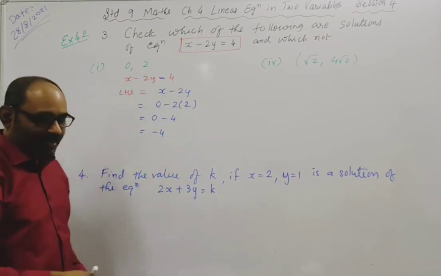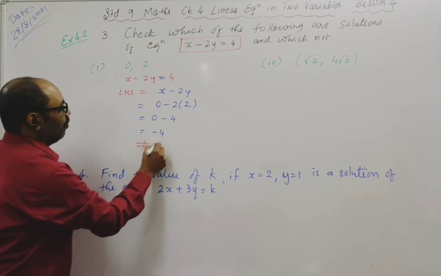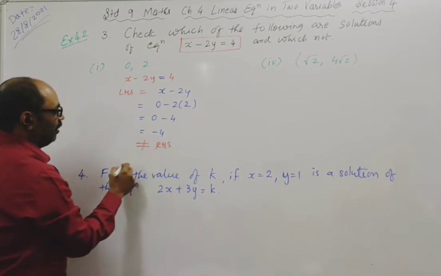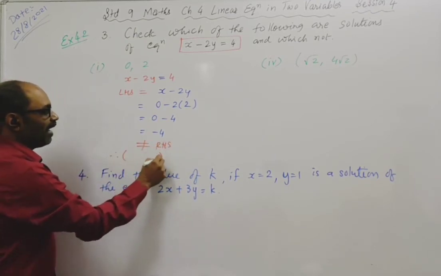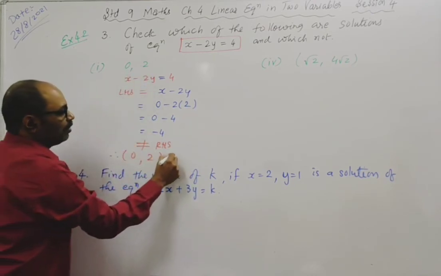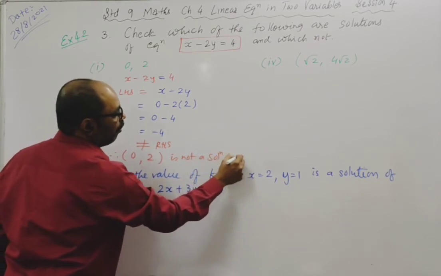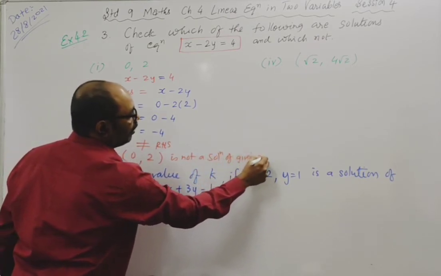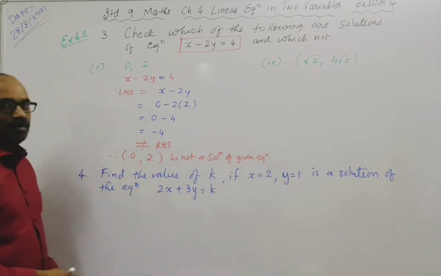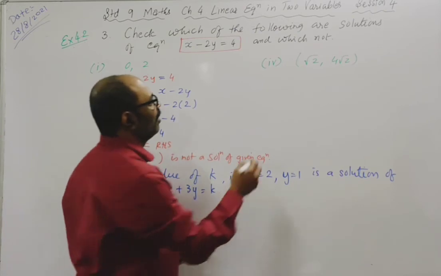Is that equal to right hand side? No. That is not equal to right hand side. Therefore, इसको ऐसे ब्रैकेट में लिखेंगे. 0, 2 is not a solution of given equation. समझ में आई बात? चलिए नेक्स्ट वन चेक कर लेते हैं.